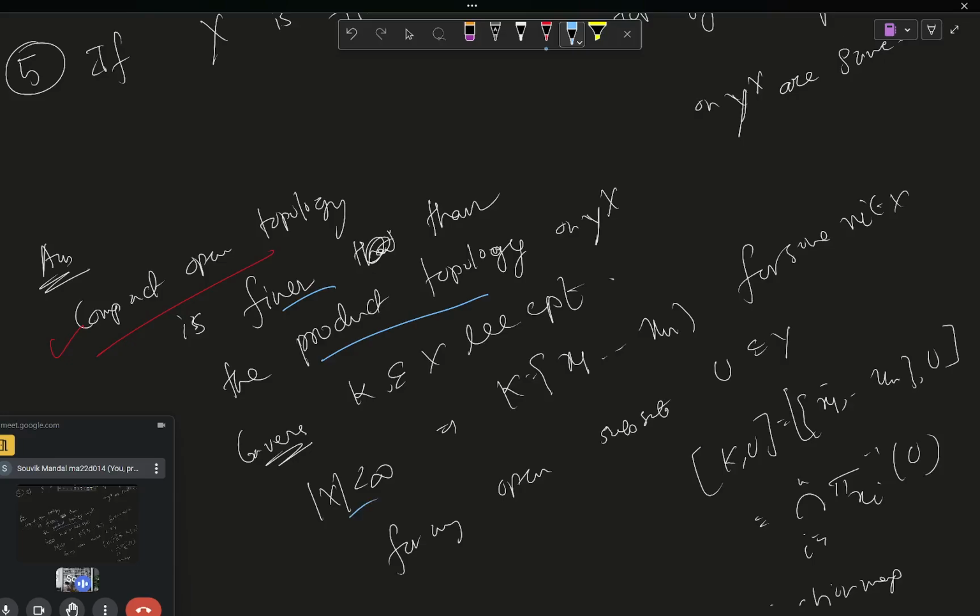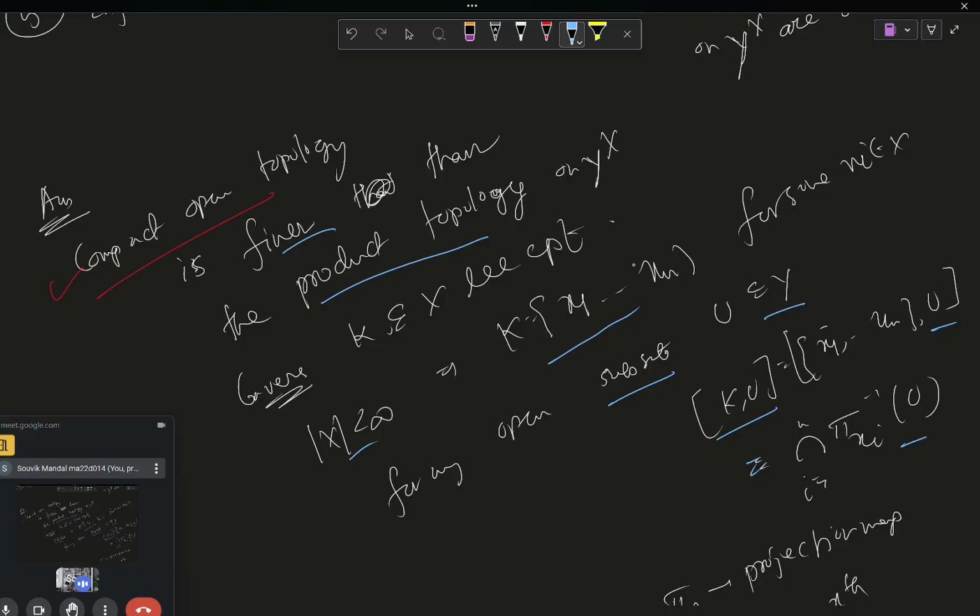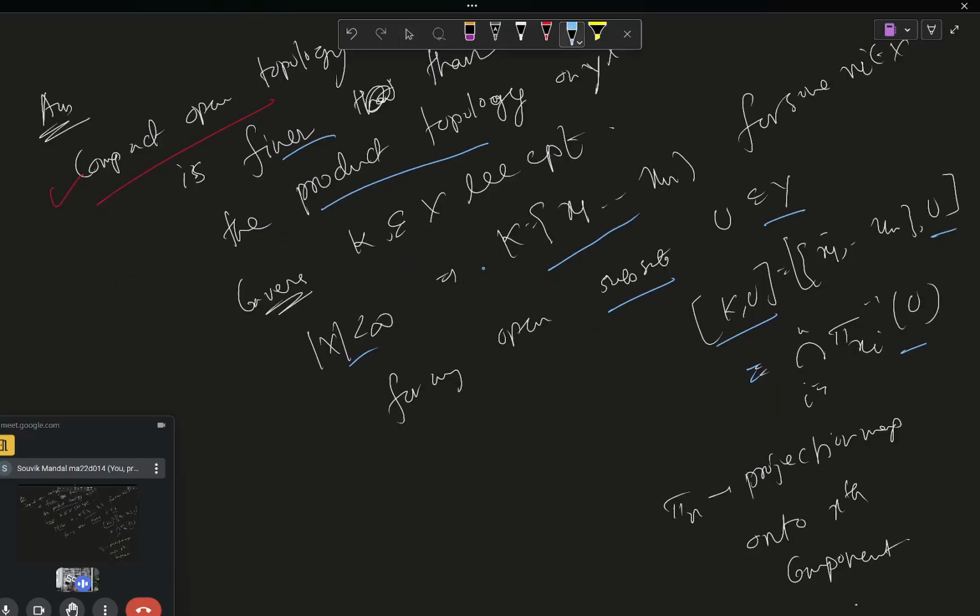Now since X is finite, K is nothing but {x1, ..., xn} for some xi, and this states that for any open U subset of Y, the bracket [K, U] is equal to the intersection of phi_x inverse of U, where phi_x is the projection map onto the x component. Okay, so this is the argument. Understand?